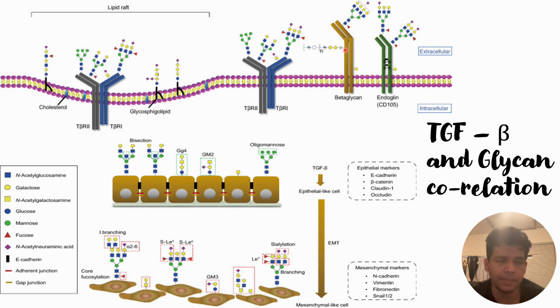As these glycans are present between the receptors and betaglycan, the betaglycan will not be able to interact with the TGF beta receptor. However, the glycans are arranged in a way that does not interfere with TGF beta interacting with the TGF beta receptors in the normal case. So this is just a basic idea of how the glycans help in TGF beta and TGF beta receptor interactions.